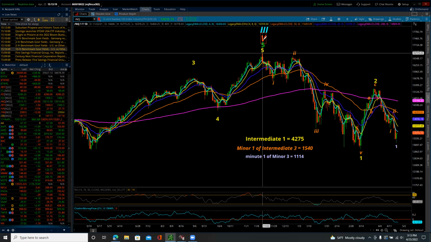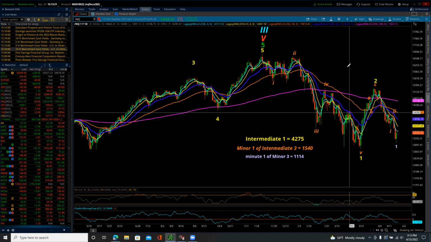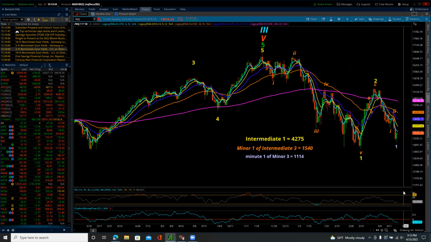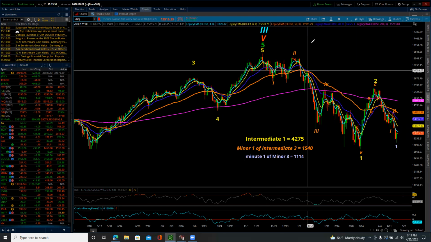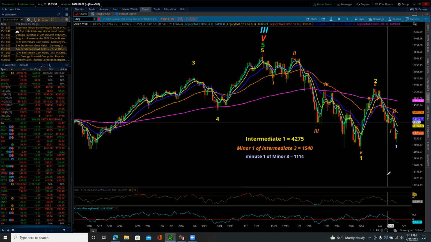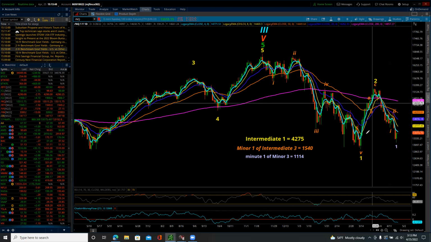What I mean by that is we have 2 forms of corrective patterns overall. The internal part has many variations, but there are 2 basic patterns, one being a zigzag, which is a 5, 3, 5, an ABC, where wave A and C are 5 waves, and wave B is a 3-wave structure.